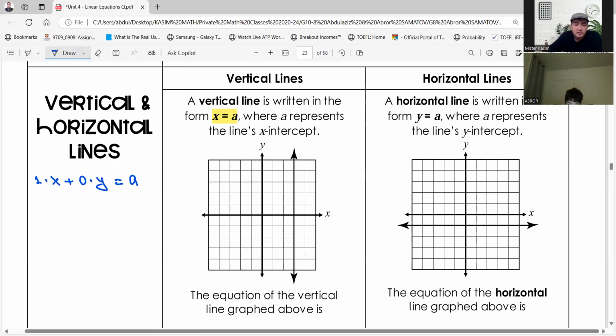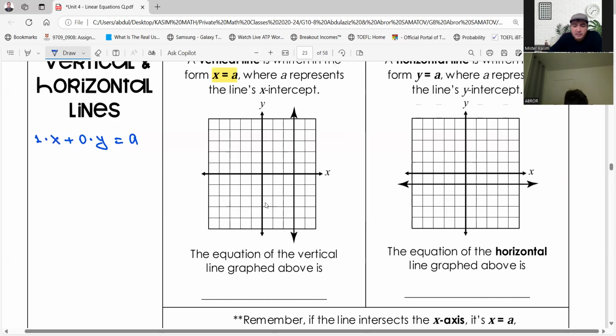Because 0 times y is 0, 1 times x is x, so x is equal to a. Whatever y is, it disappears, but x is not changing, it's always a. See, what is the equation of this line? It is 1, 2, 3, so x is equal to 3. In the coordinate plane, that is the equation of this vertical line.